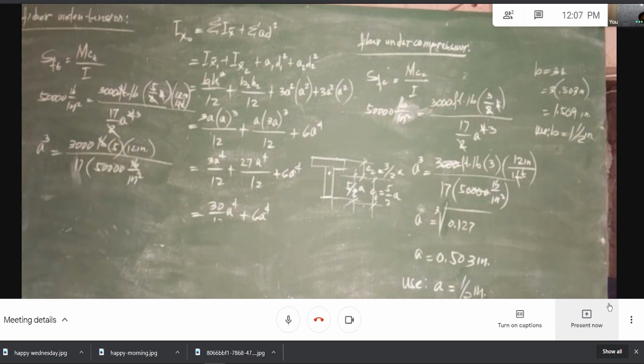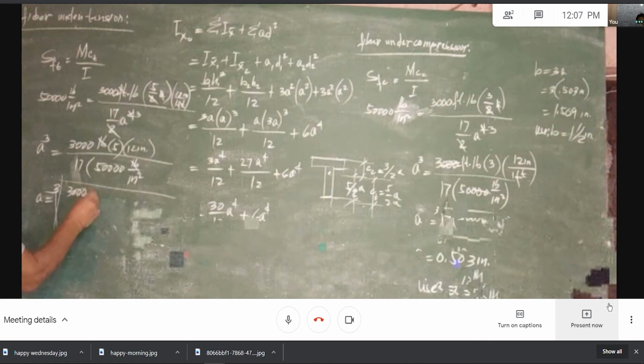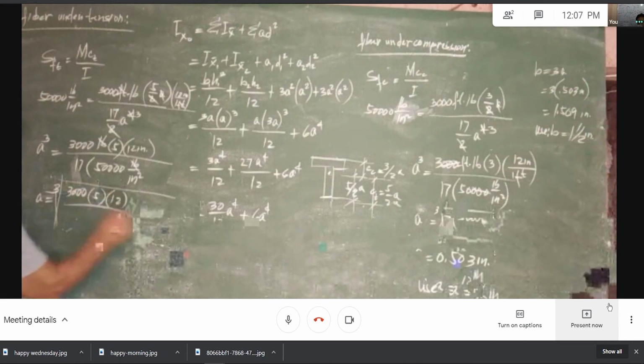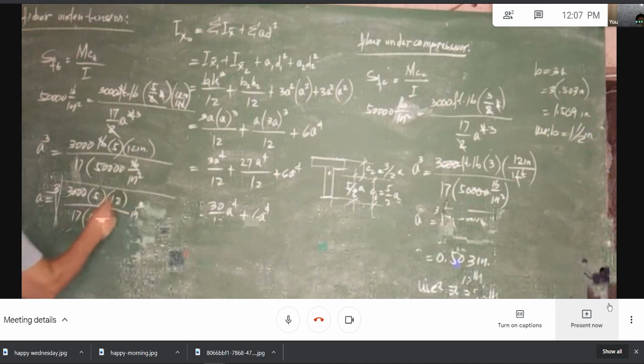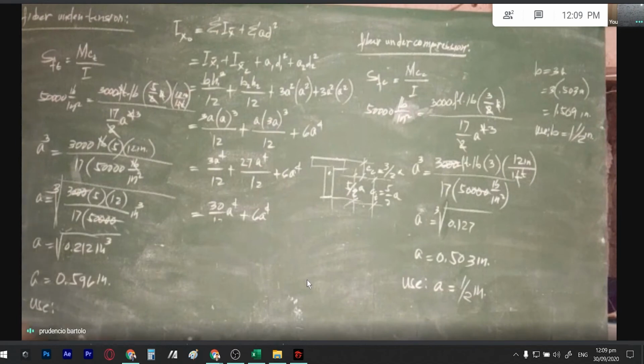Pounds and pounds cancel out. So A now is equal to the cube root of 3,000 by 5 by 12 all over 17 by 50,000 inch cube. So that is now equal to 5,625.